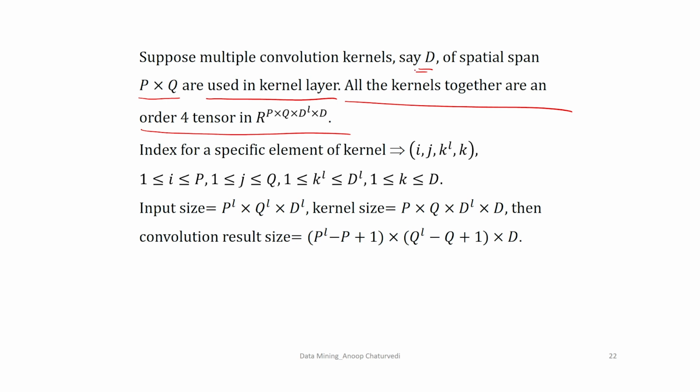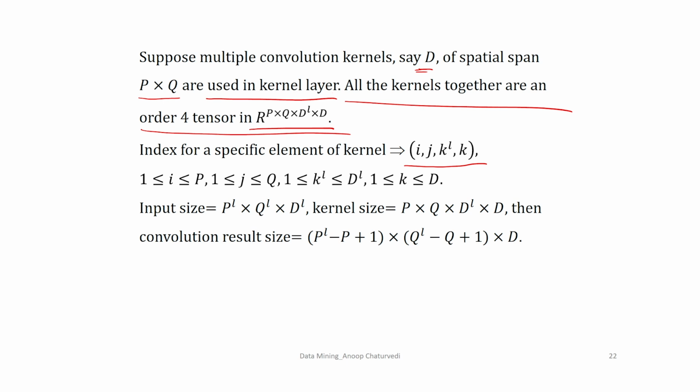Then the index for a specific element of the kernel is I, J, K L, K, where I varies from 1 to P, J varies from 1 to Q, K L varies from 1 to DL, and K varies from 1 to D. So, ultimately you get this order 4 tensor.